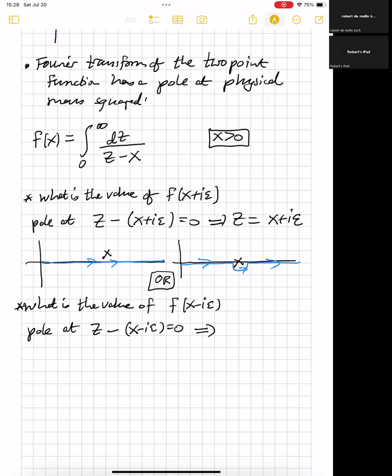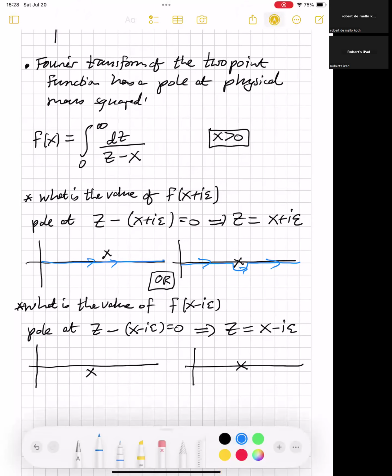So that means that now the pole sits at z is equal to x minus i epsilon. So now the pole has got a very small negative imaginary piece, so it sits below the contour. And again, we're going to be able to think about this in two different ways. So the integration path now passes above the pole. So equivalently, we can think the integration path goes along there, and then when I get to the pole, I go slightly above, and then I keep going. Good.